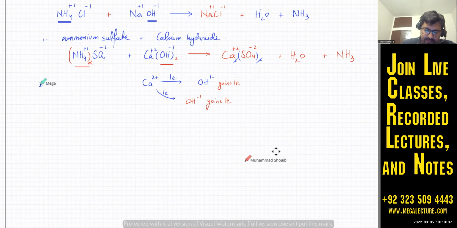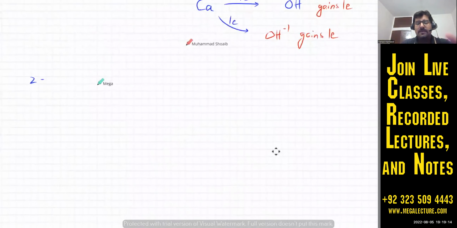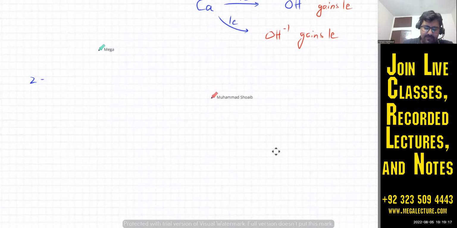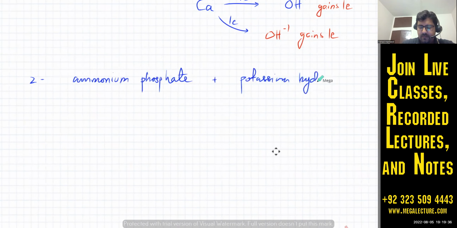Let's try and make another equation. Another ammonium compound. Ammonium is a positive ion, so attach it to any negative ion. Let's say ammonium phosphate plus potassium hydroxide.